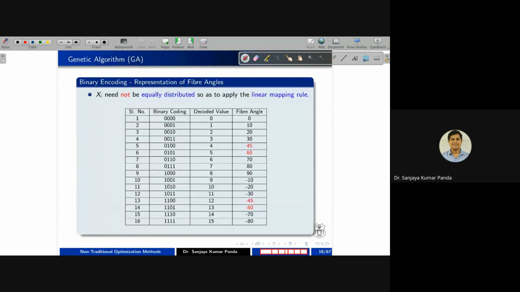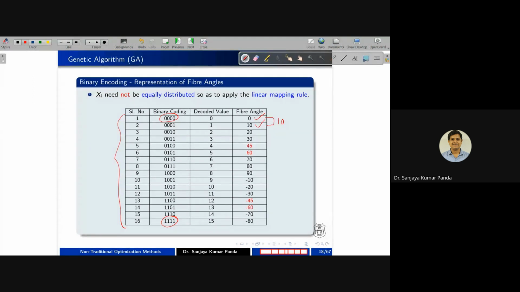Like here you can see, xi need not be equally distributed. For example, I have taken 1 to 16. 1 I am representing by four 0s and four 1s represent 16. Or you can take 0 to 15 also, no problem. So the decoded value is 0 to 15. 0 indicates the fiber angle is 0, 1 indicates the fiber angle is 10, so the difference between these two is 10.